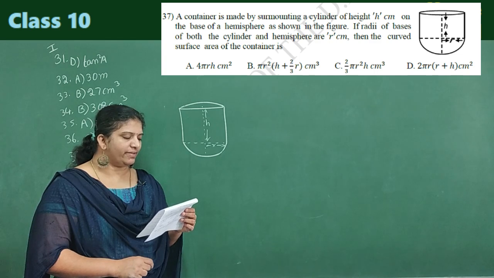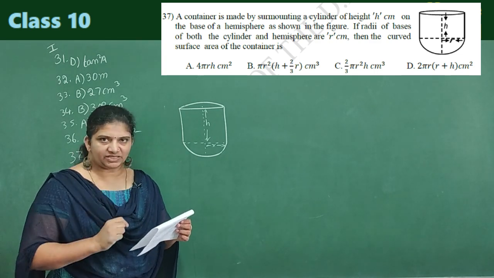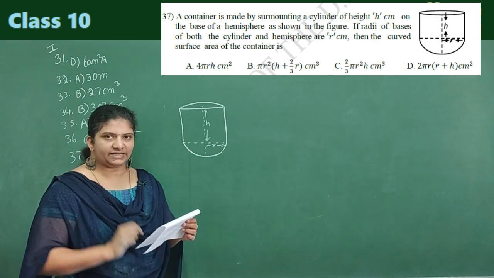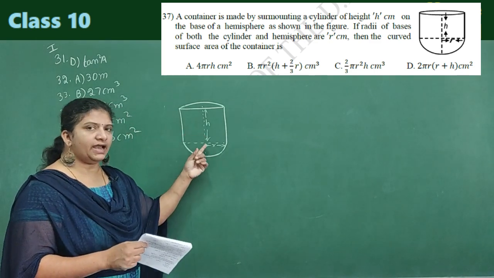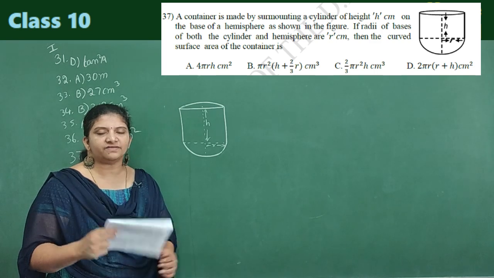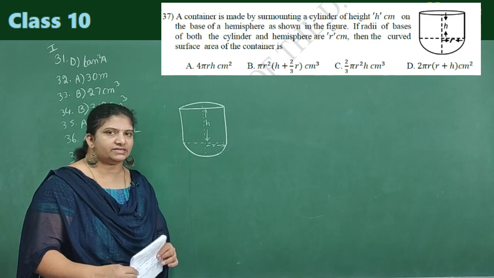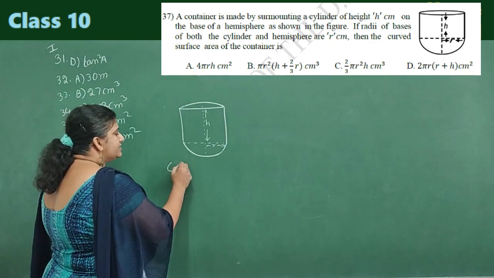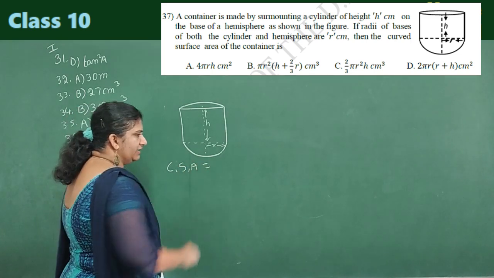If radii of bases of both the cylinder and hemisphere are r centimeters, both have the same radius, then the curved surface area of the container is, we need to find CSA of a container.